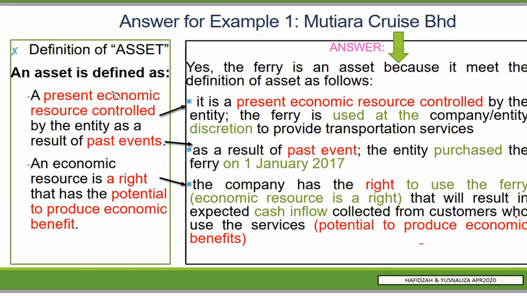If you can see here, a present economic resource controlled by the entity as a result of a past event has actually answered this question on identification. Yes, the ferry is an asset because it meets the definition. It is a present economic resource controlled by the entity. How do you know it is controlled by the entity?